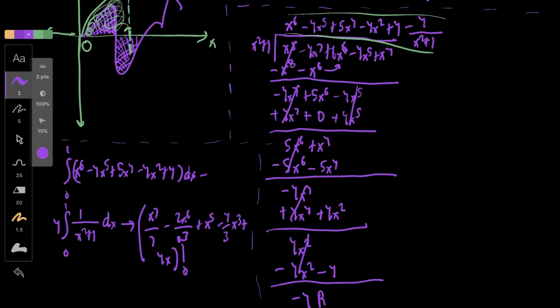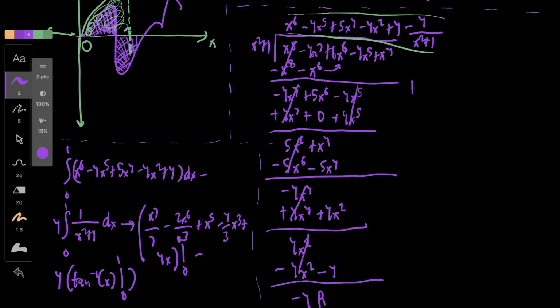And then after that, what happens is we have just minus 4 times tan inverse of x from 0 to 1.